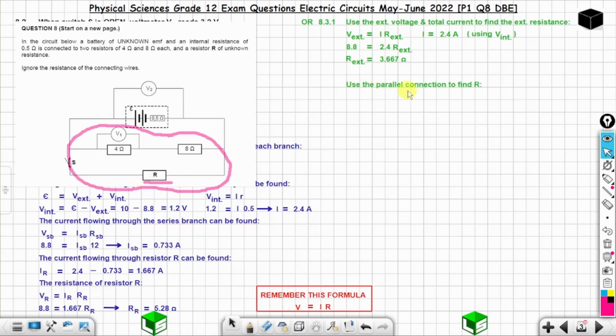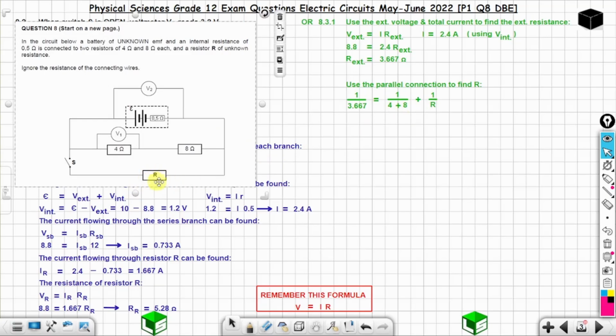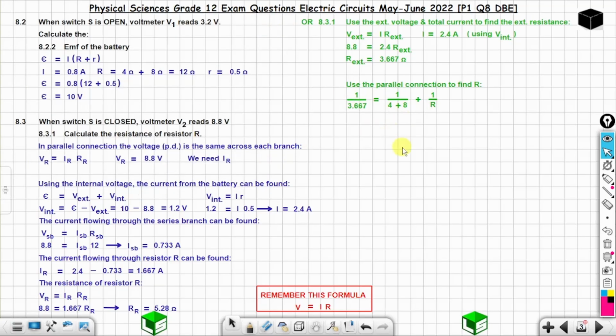So using the parallel connection, find resistance R. You have the parallel connection, so the total external resistance is given by 1 over Rp equals 1 over 12 plus 1 over R. This is the formula we use when we are calculating for parallel connection.